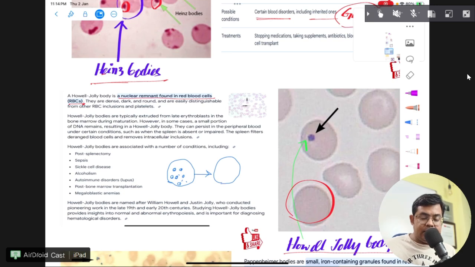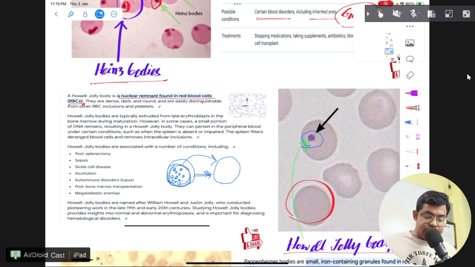At this stage of maturation, there is loss of the nuclear material from the reticulocytes, and after loss of these nuclear materials, these reticulocytes form mature RBCs. So, if there is any defect, these nuclear remnants are not lost from the reticulocyte, and they can give rise to these Howell-Jolly body like structures.